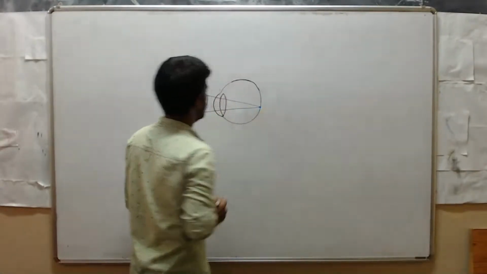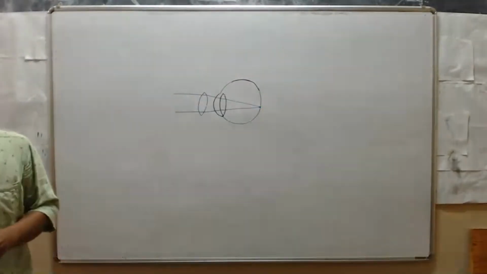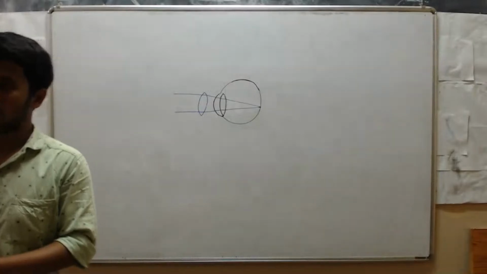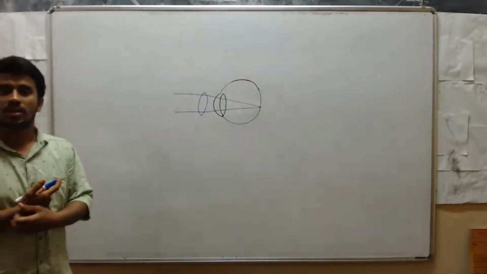So this is the correction. Using a convex lens, we can correct this hypermetropia defect.